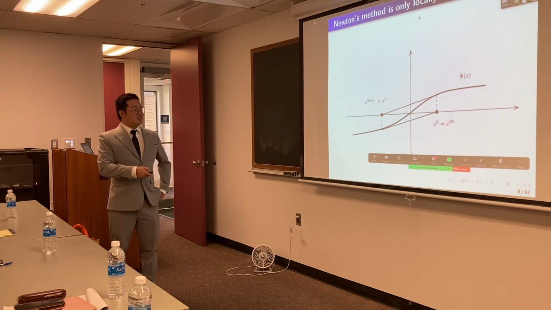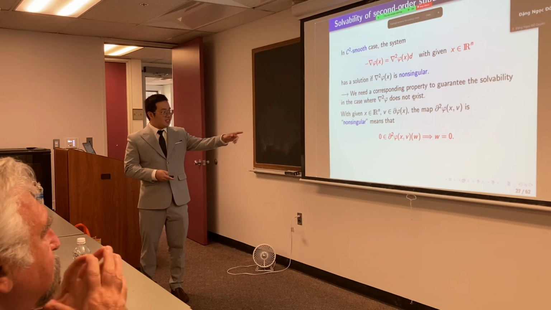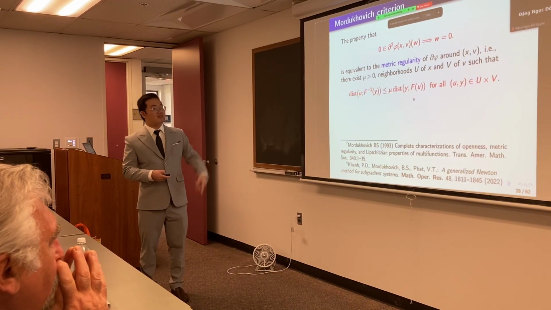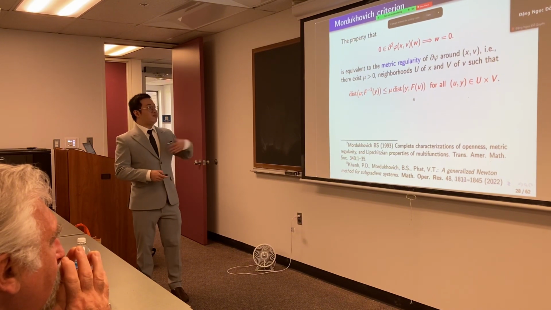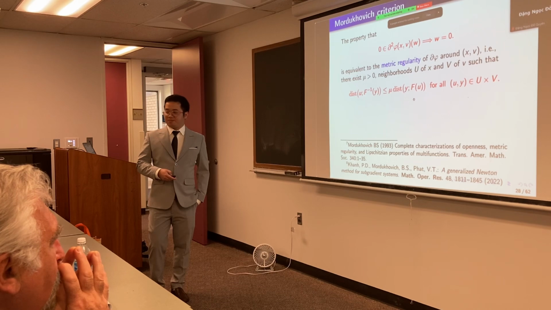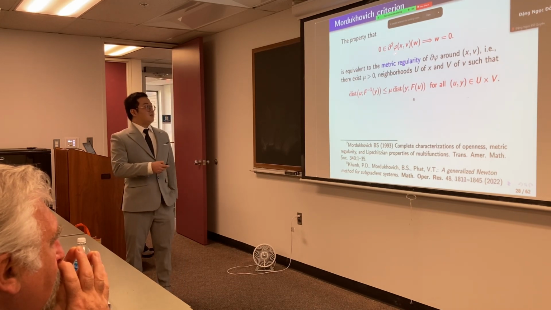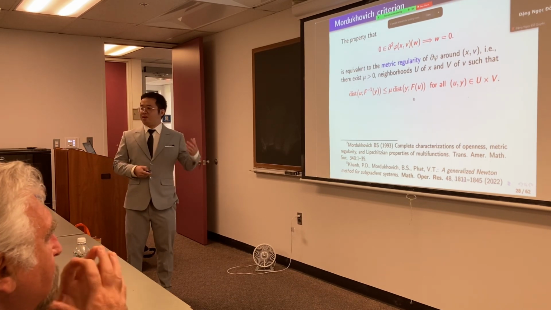If we start at the starting point, this condition is equivalent to the metric regularity, which is called the Mordukhovich criterion. This is valid for the case where the graph of the subdifferential of phi is closed. The metric regularity is just an error bound.